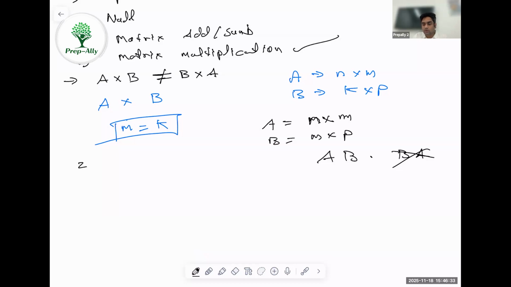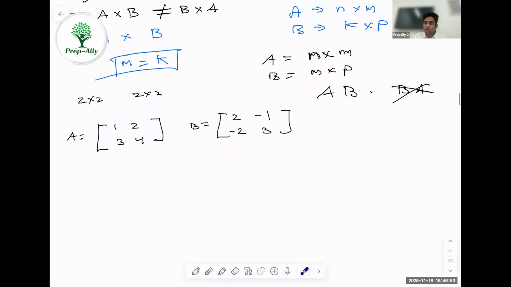I'll do a simple 2 cross 2 matrix with another 2 cross 2 matrix to get a quick idea. So if I have a matrix A, which is 1, 2, 3, 4, and another matrix B, which is, let's take it as, 2, -1, -2, and 3. Then how do we multiply the matrices?